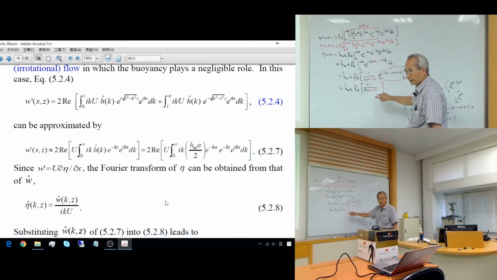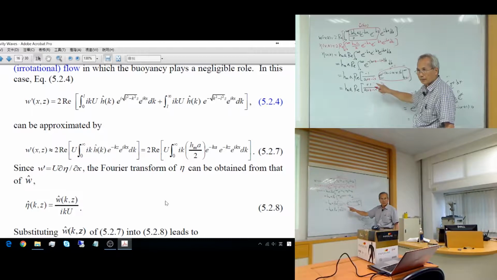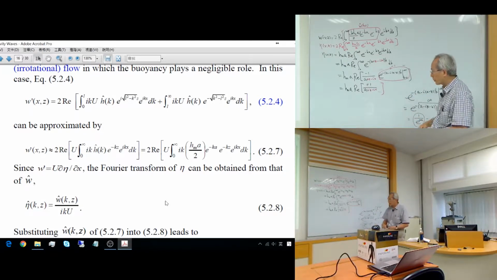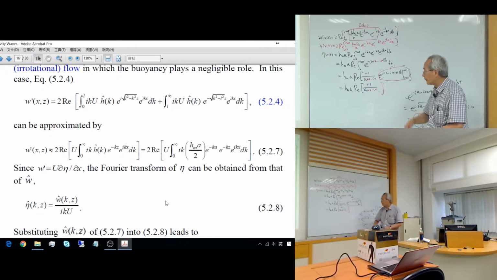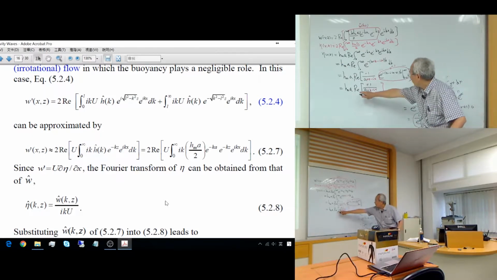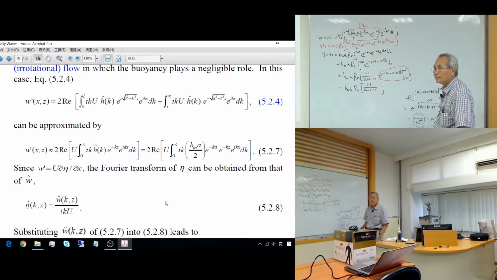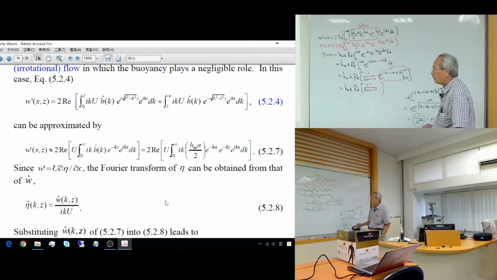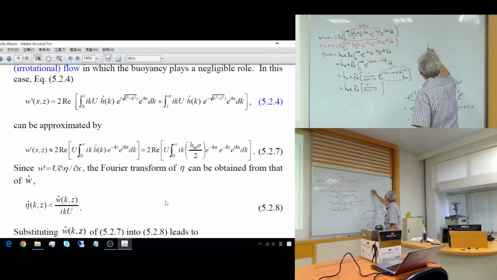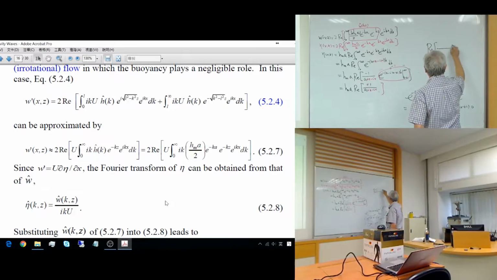You know how to solve this, right? Do the real part of this. So you have the real part of 1 over a plus g minus ix.